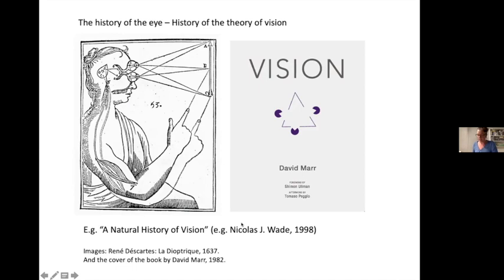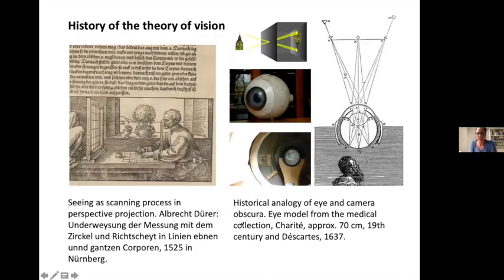We could say the CNN's digital eye doesn't need geometry in the first place at all. David Marr had been working, and here I give you the examples, so that we can think about a history of the theory of vision along these models.